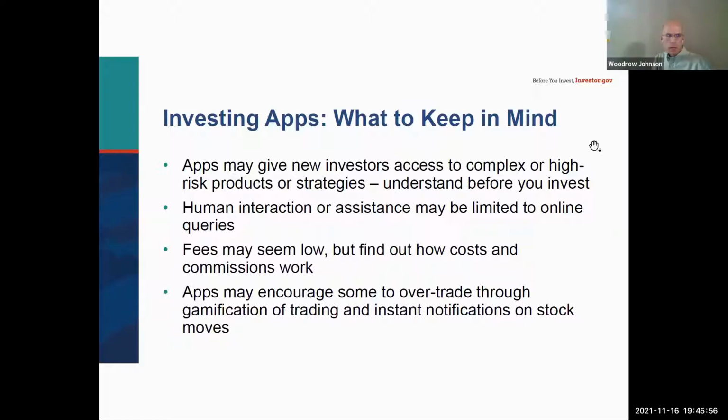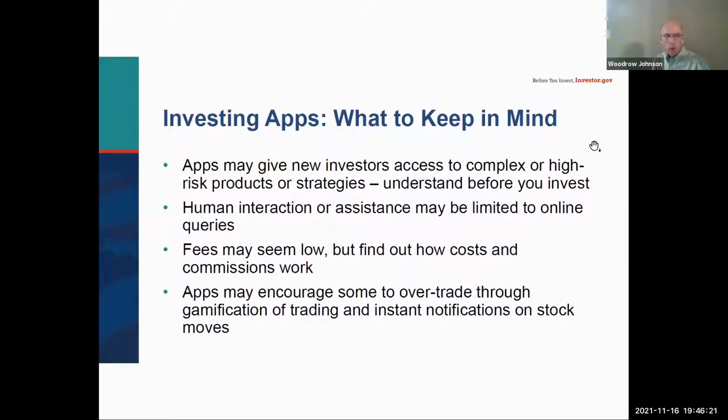Last point here really quickly is these apps tend to, from what I read in the newspaper, do things like have confetti and certain noises, and they remind people about the portfolio. Maybe that happens once a week or once an hour, once a day, once a minute, I don't know. But maybe that encourages you to trade more often than you would want to otherwise. So be careful. Madison Avenue works, marketing works.